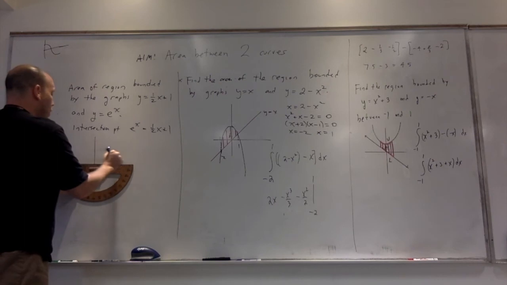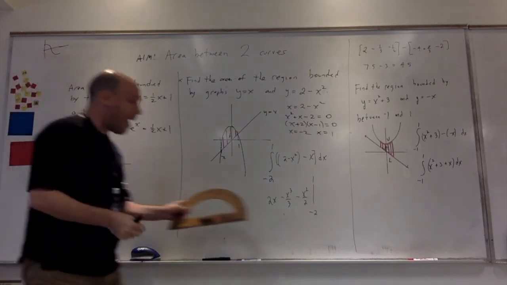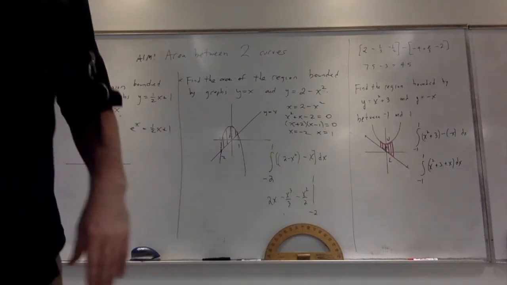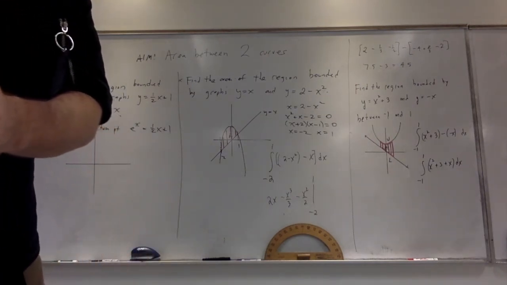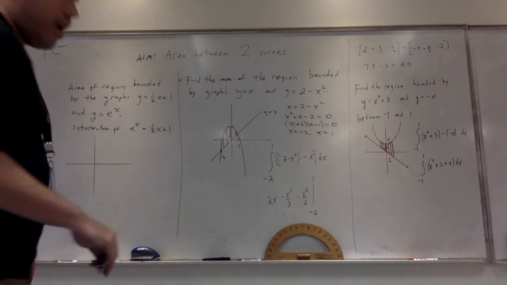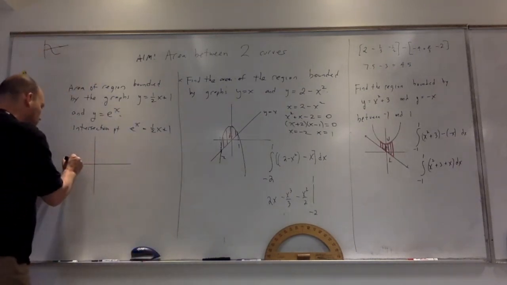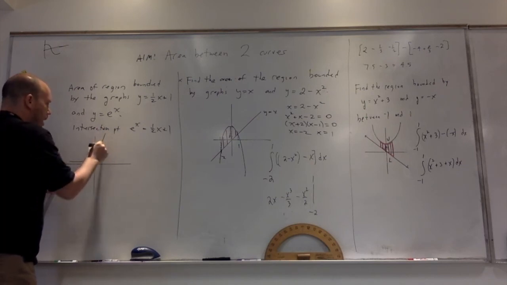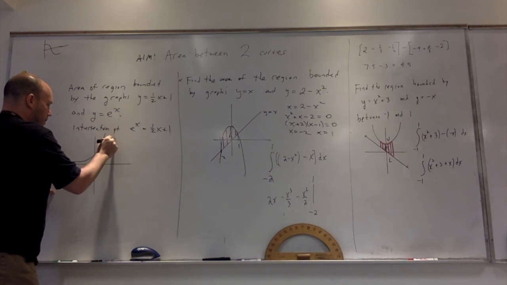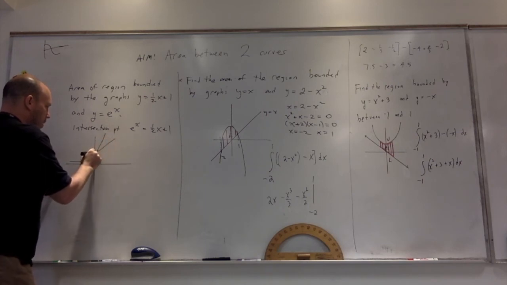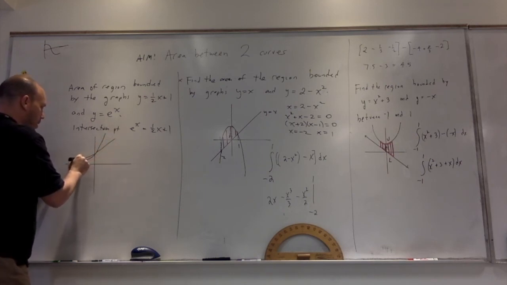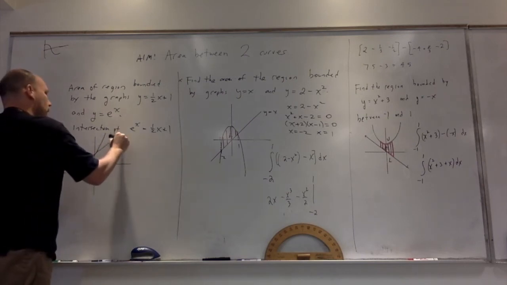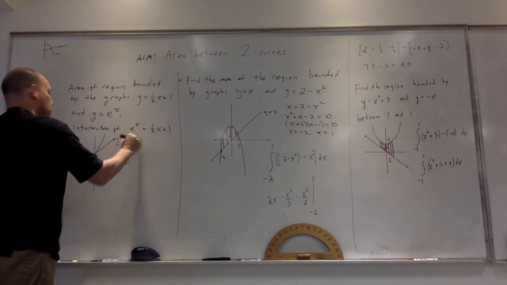Now, I had trouble sketching this. I needed to look at my graphing calculator because I wasn't getting this right. It turns out that this is e to the x, and this is the line y equals 1/2 x plus 1.